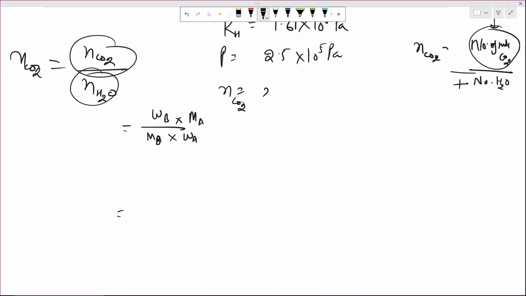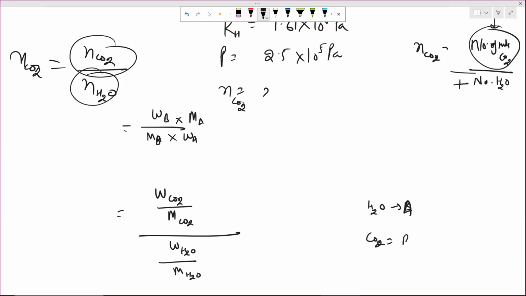Let me explain. Number of moles means given mass upon molecular mass. So the number of moles of CO2 is given mass of CO2 upon molecular mass of CO2, divided by given mass of H2O upon molecular mass of H2O. If I say H2O is A and CO2 is B, I can write it like this: WB upon MB divided by WA upon MA.